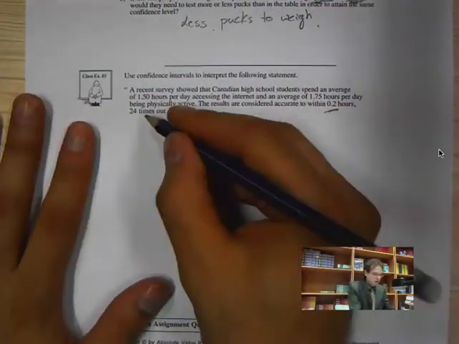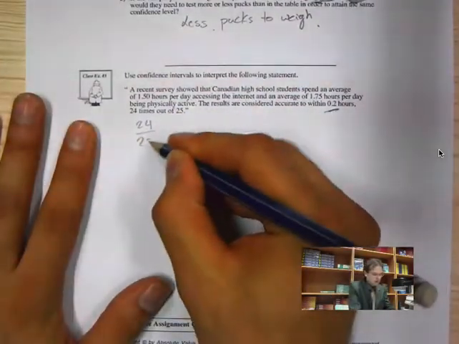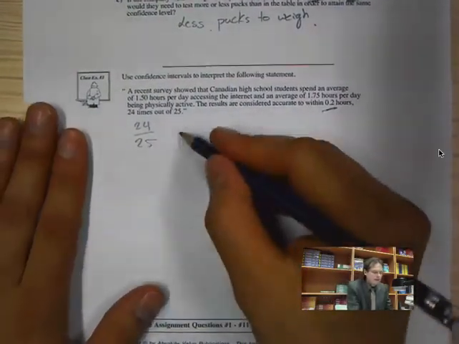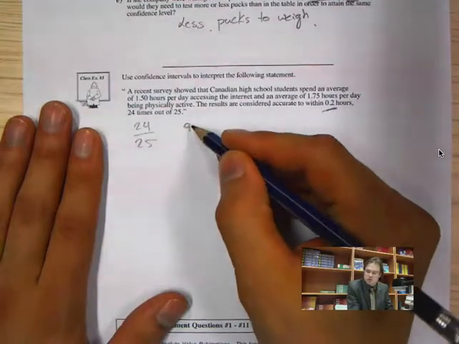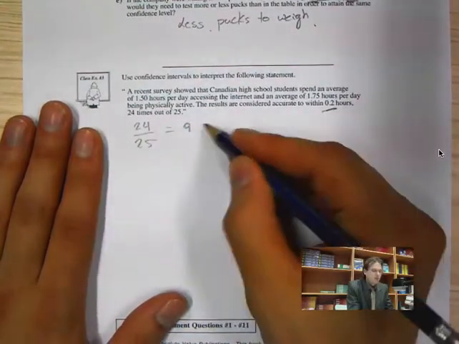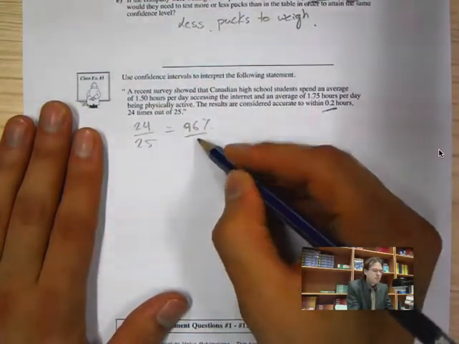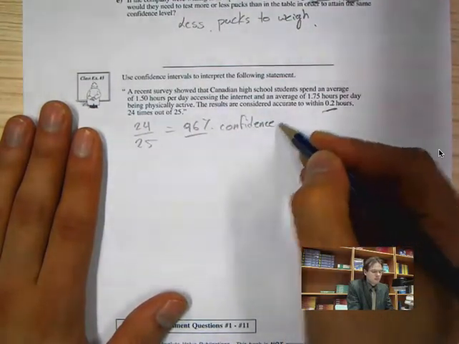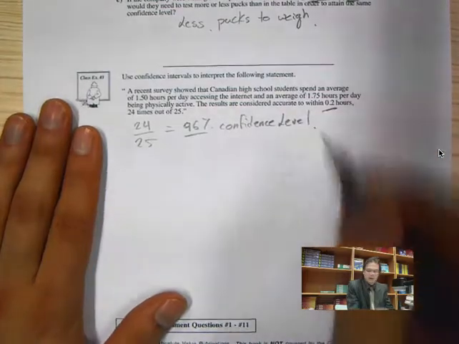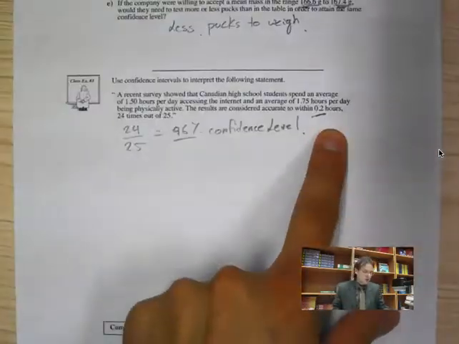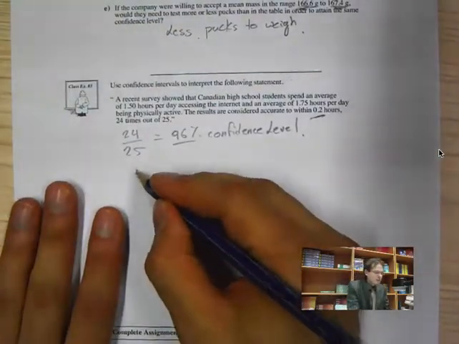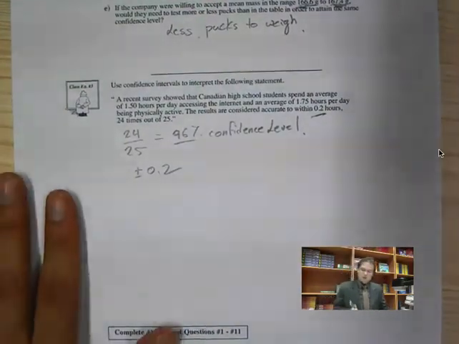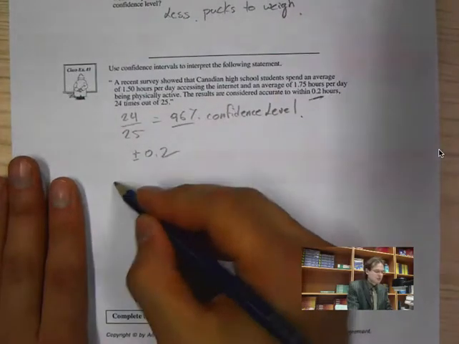Well, first of all, 24 out of 25 times, that's going to be a 95% confidence level. Or sorry, 96% confidence level. If we divide that, we get 96% confidence. Okay? Now also, we know our margin of error is plus or minus 0.2.